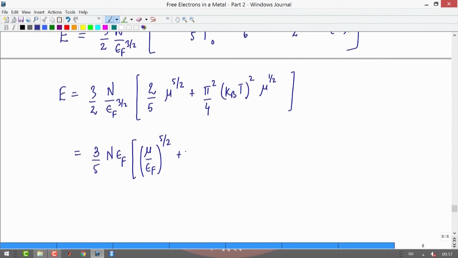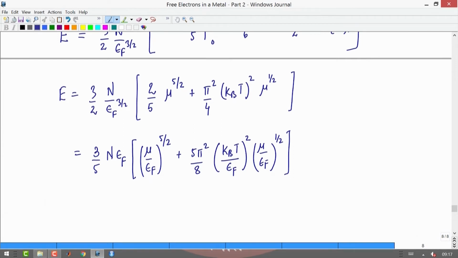And the second term inside the bracket I am going to write as 5 pi square by 8, okay, because I pulled out a factor of 2 by 5. Okay, into kT over the Fermi energy to the power 2, and the last term I am going to write as mu over Fermi energy to the power 1/2.